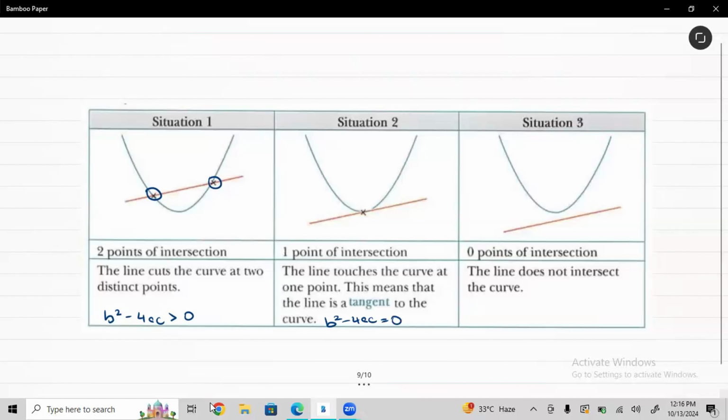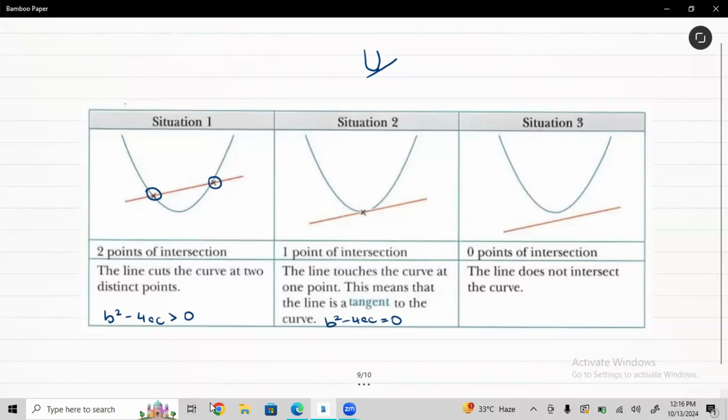And another thing I want to add is that when we have 1 point of intersection, that line would actually be acting as a tangent to the curve. So what's the tangent? Basically, we all know that we use the tangent method when taking out the gradient.